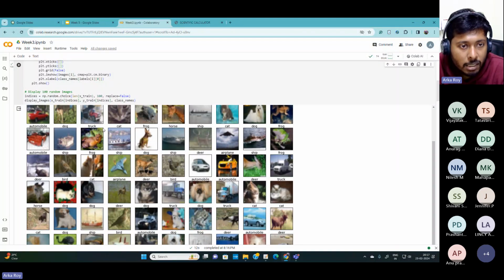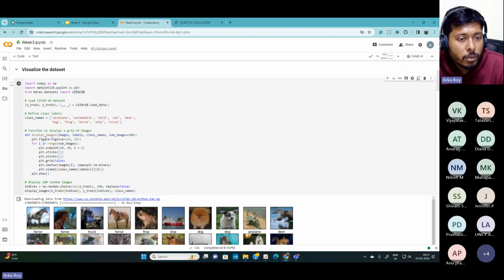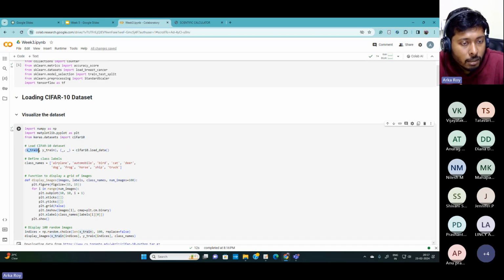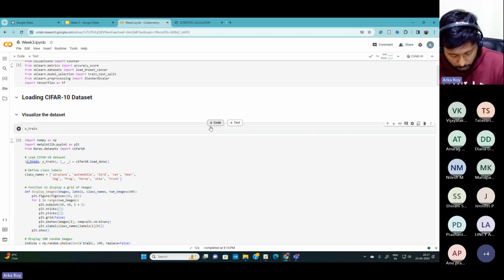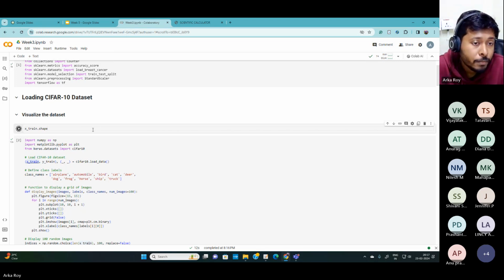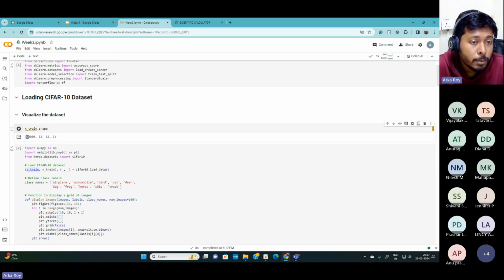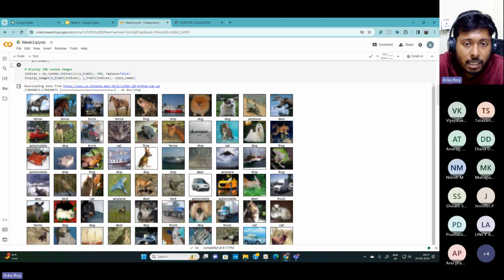And how will you get the shape of these images? Let me just show you the shape. X_train.shape. You have 50,000, which means you have 50,000 such images, and each of the images is of shape 32 by 32 by 3. Why 3? Because these are color images.